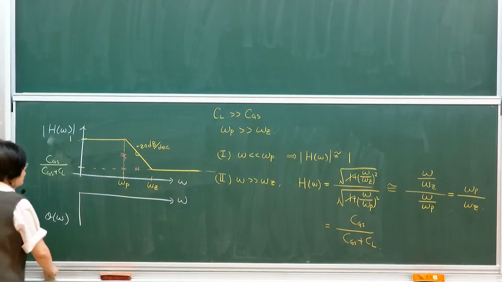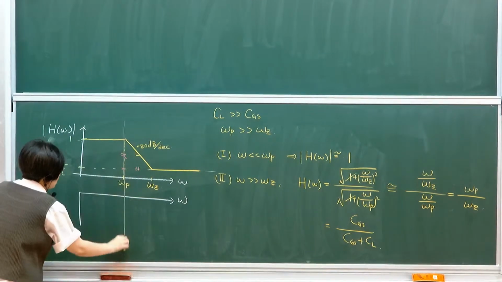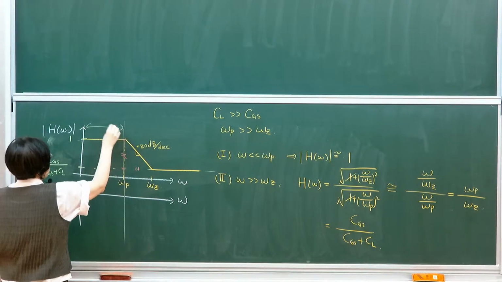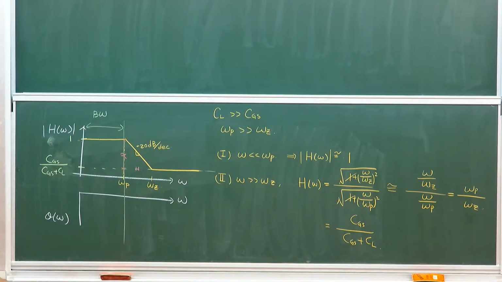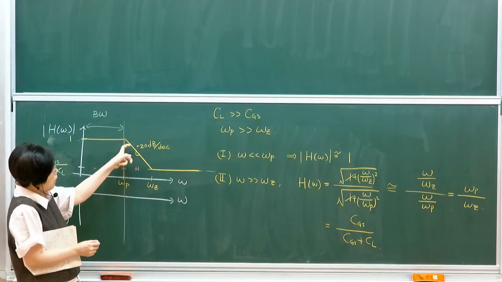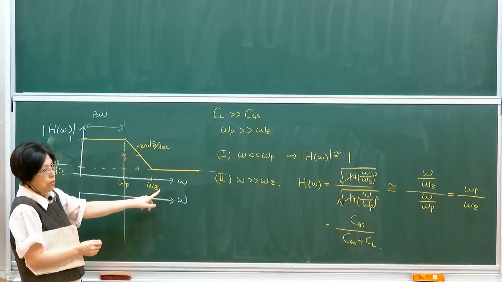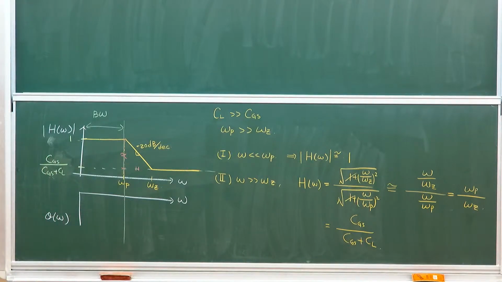So this is actually our operation region. This is the desirable bandwidth, typically referred to as a good bandwidth for my source follower, because I want to have an ideal gain of 1, right? So it starts to drop when the loading effect of this capacitance becomes dominant, and you see the pole, and then it starts to drop all the way down to the 0, and then it'll flatten out.